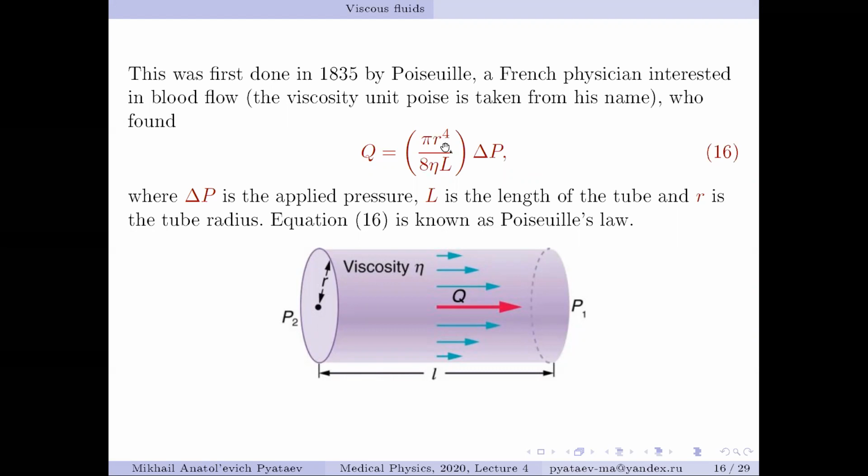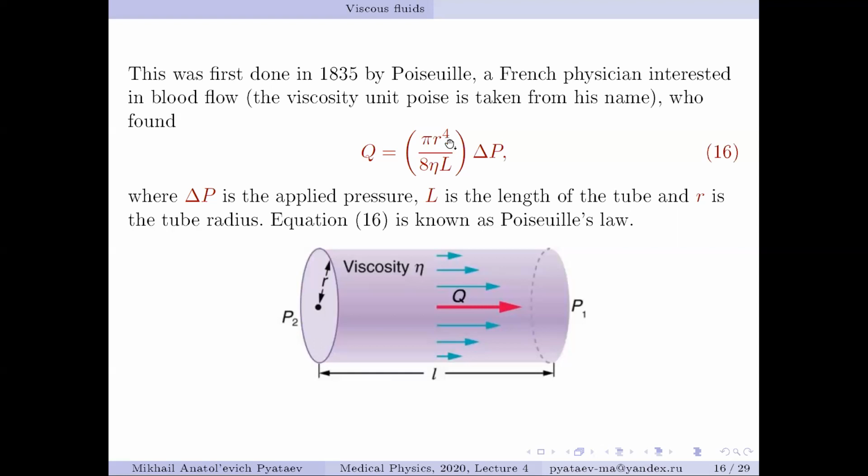It is an important part of this formula that we could expect that the flow rate will be proportional to the cross-section area. So it means R to power 2, since πR squared is the cross-section of the cylindrical tube. But actually we have R to power 4 instead.